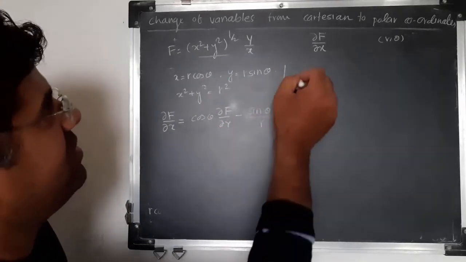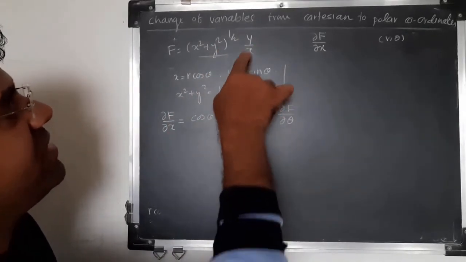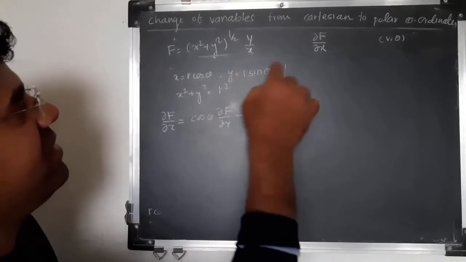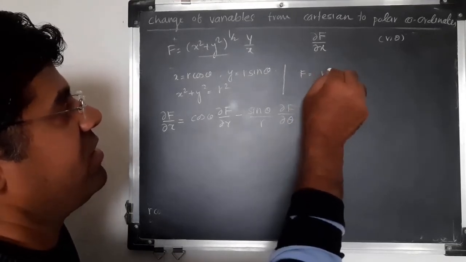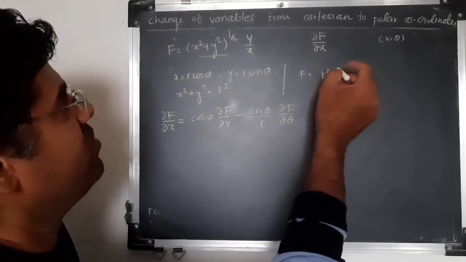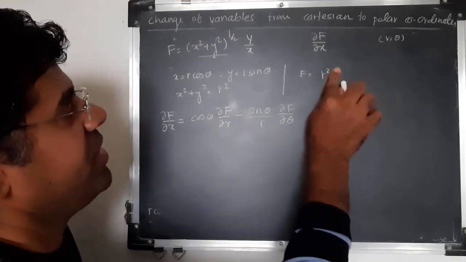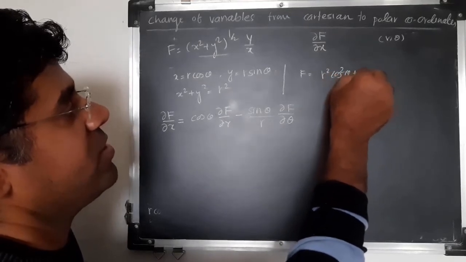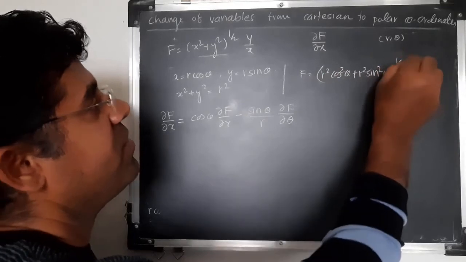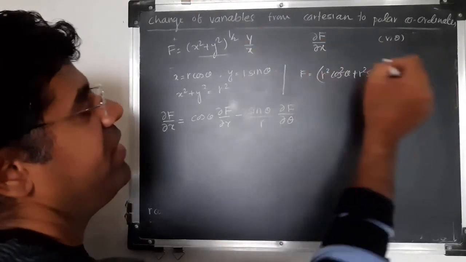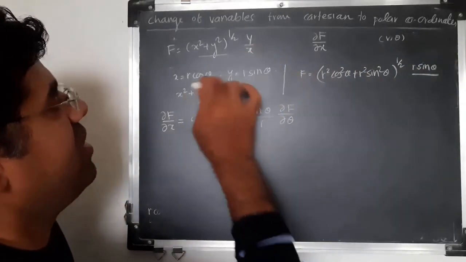So x² + y² we can write as r², and y is equal to r sin θ. So f is nothing but, I'll write one more step, (r² cos² θ + r² sin² θ)^(1/2) into y, which is r sin θ, and x is r cos θ.